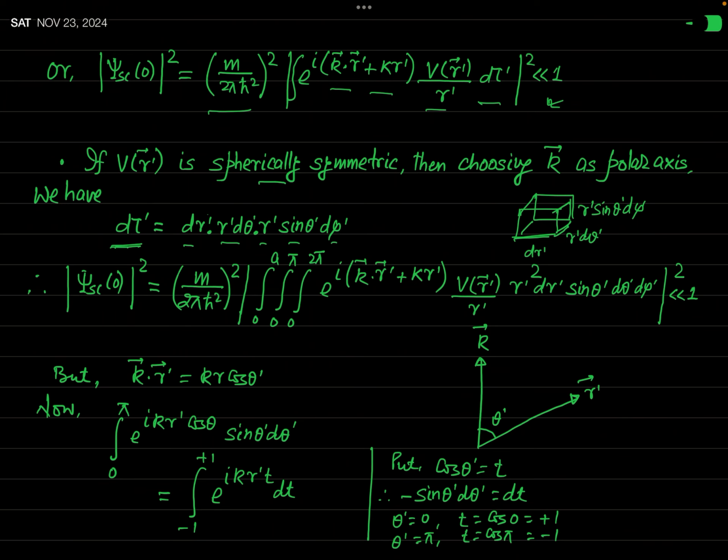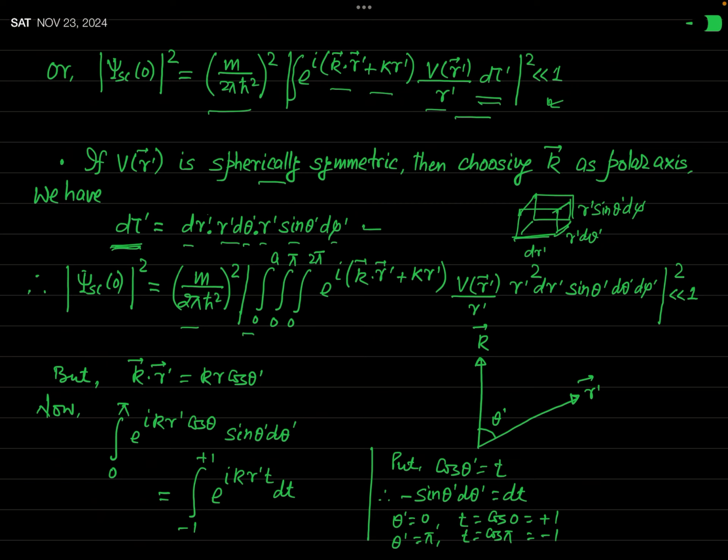Now let us put this value of d gamma dash, d tau dash in this result. Okay. Instead of this d tau dash, we will write this much. Here actually there will be a triple integral with respect to r dash, with respect to theta dash, and with respect to phi dash. Now you can see this result will be m over 2 pi h bar square whole square and the square of the modulus of integral 0 to a.